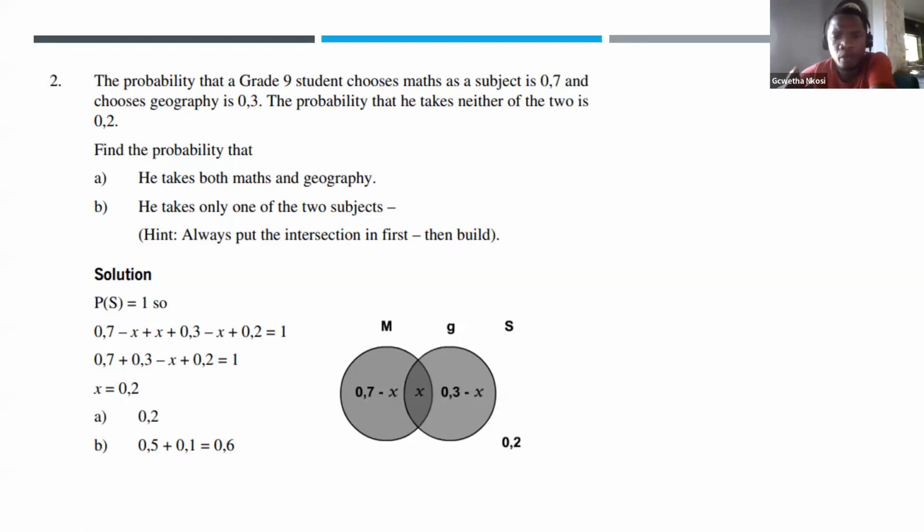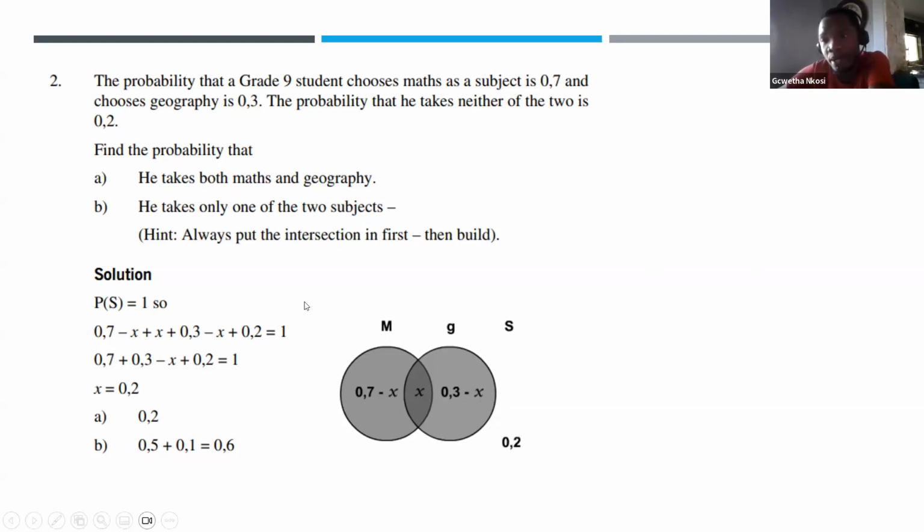So it should be 0.3 minus X. Now they've already given us that the students will neither take any of the two. That one is given as 0.2. So that 0.2, it doesn't participate in any of the choices. So we put that 0.2 outside of these events.